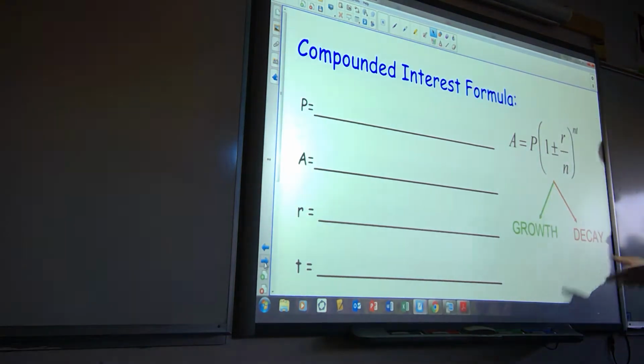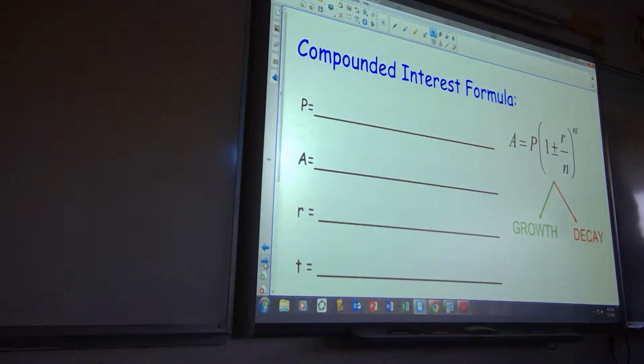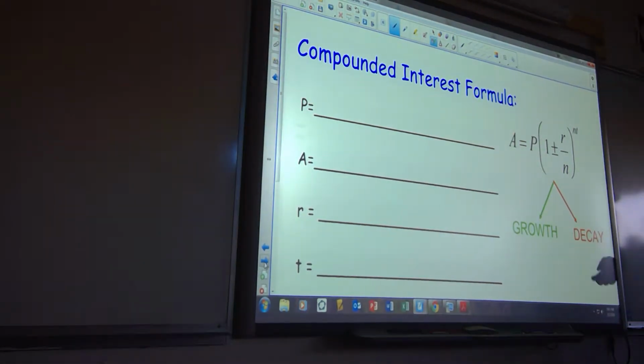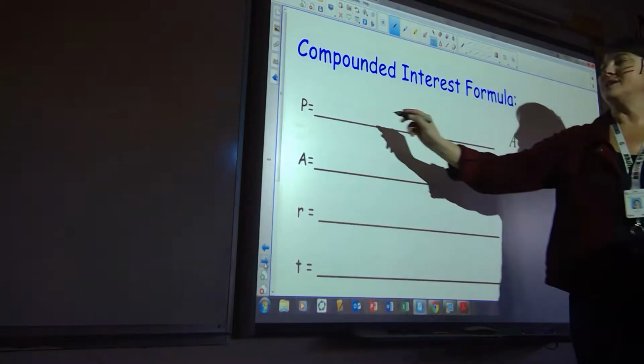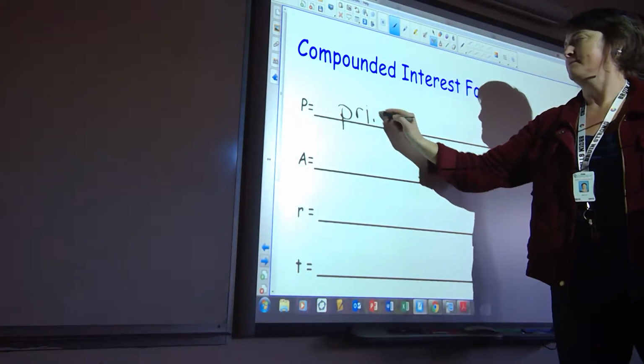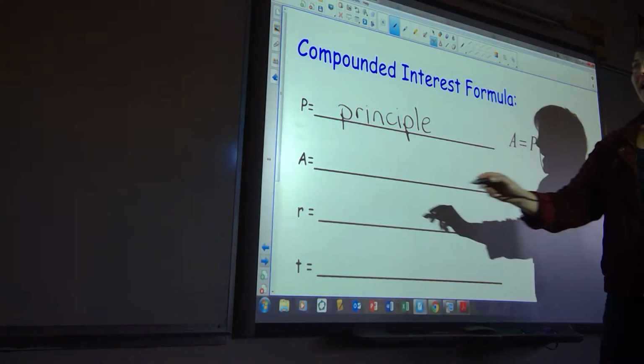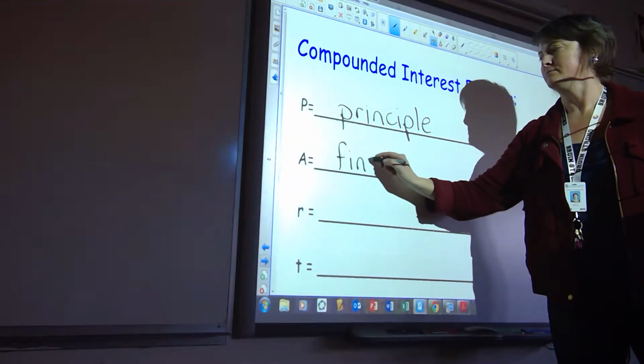So here's our new formula. It is a little bit more complicated. Some of the letters still mean the same thing, in fact, all of them except for one. The P is the principal, or the initial amount. The A is your final amount.